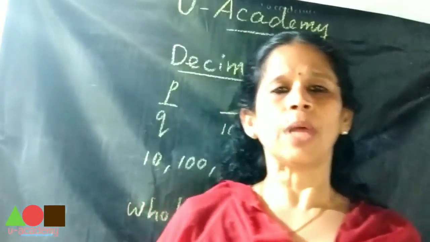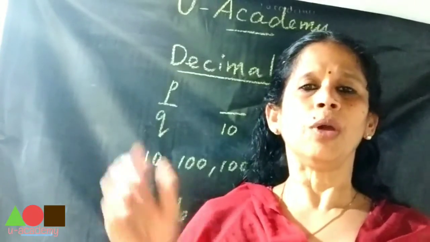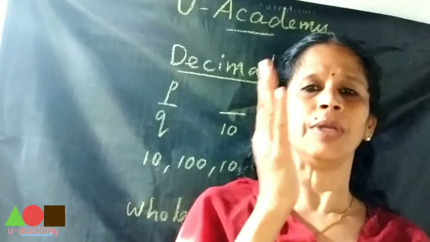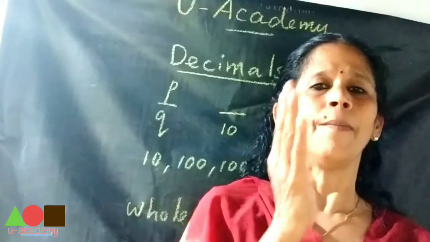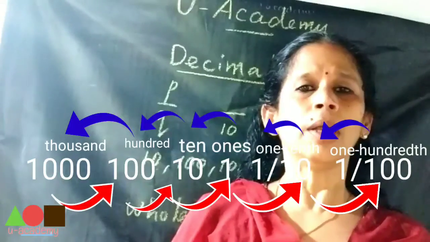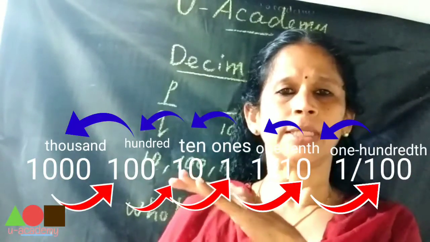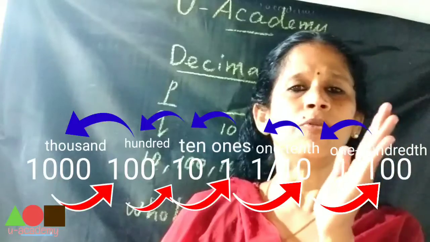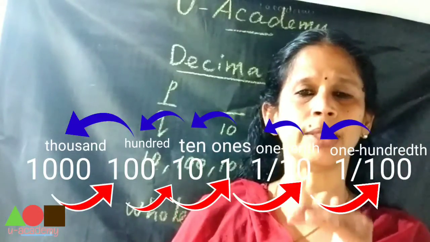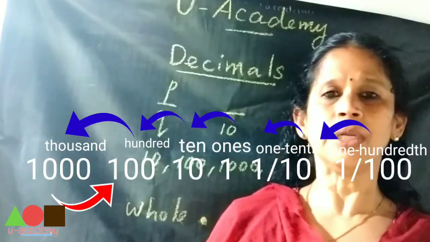All of you know place value, right? So when you are moving from right to left, the place value of a digit will be a multiple of 10. Same way when you are moving from left to right, the place value of the digit will be divided by 10. Just recall that. That is very important for decimal numbers.